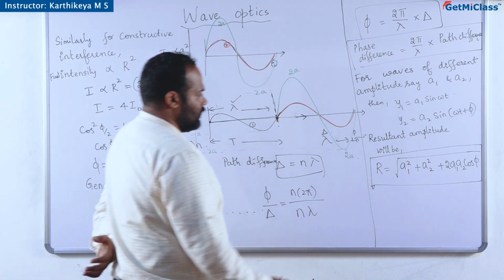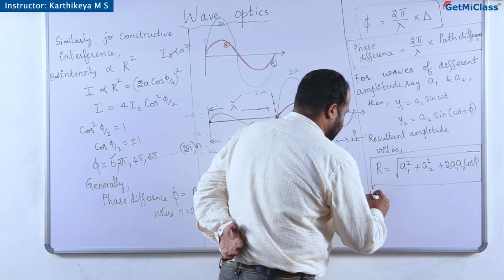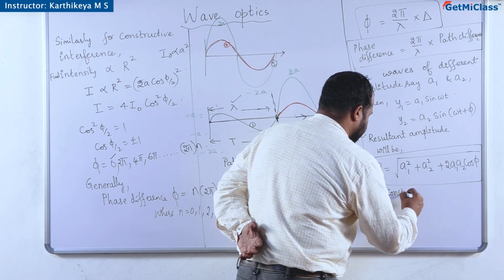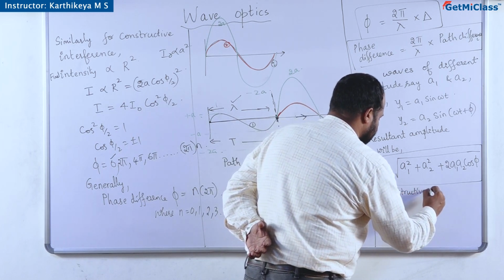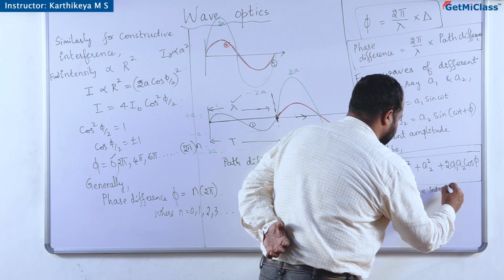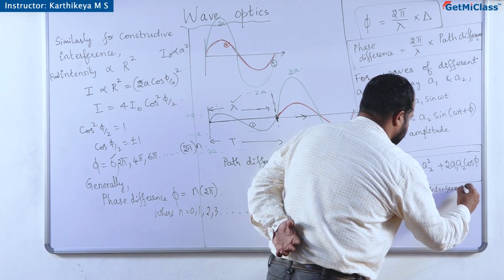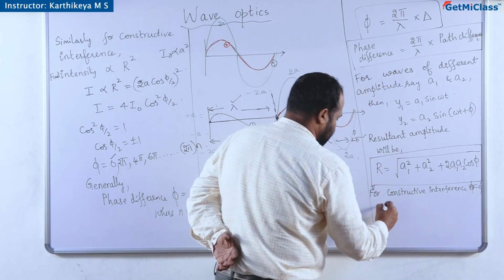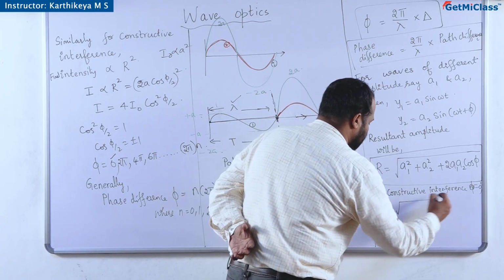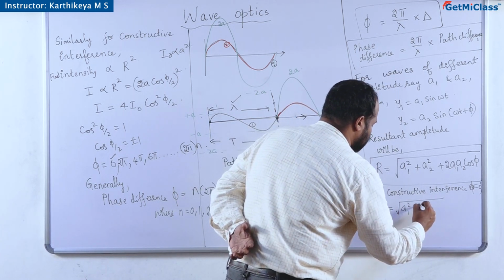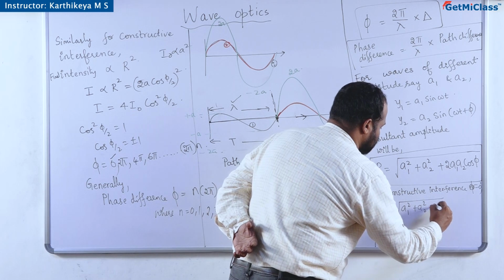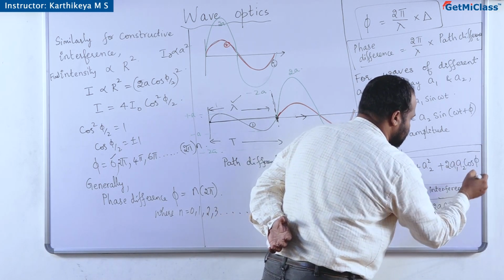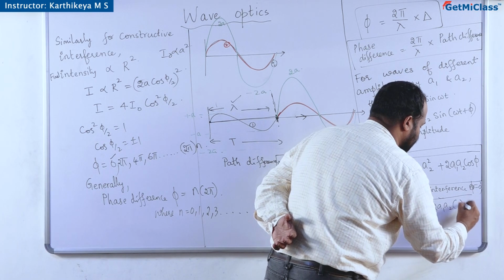Now, for constructive interference, if we take phi as 0, then R is equal to root of A1 squared plus A2 squared plus 2 A1 A2 cos 0, where cos 0 is 1.